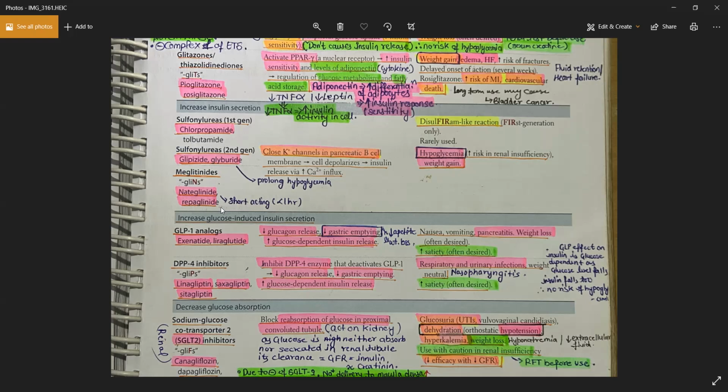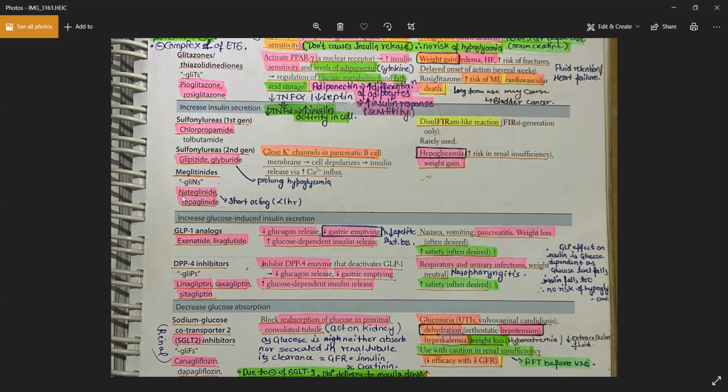You have admitted the patient, you have given them glucose infusions, and after stopping the glucose infusion, the patient again developed hypoglycemia. That means he has taken the long-acting ones. If after giving the glucose infusion the patient remains normal, that means he has taken the short-acting ones. After giving you a scenario, they will give you both options. You need to choose based on the duration of action.